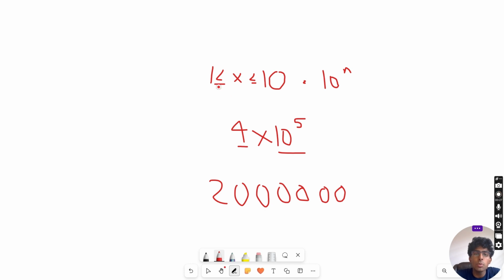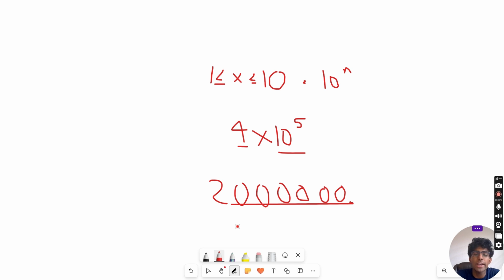So we want our number to be between 1 and 10, so 2. Right now, let's imagine it as a decimal place. The decimal place right now is right here. So we want to move the decimal place to get it to 2. So we'd move it back 1, 2, 3, 4, 5, 6, right here.